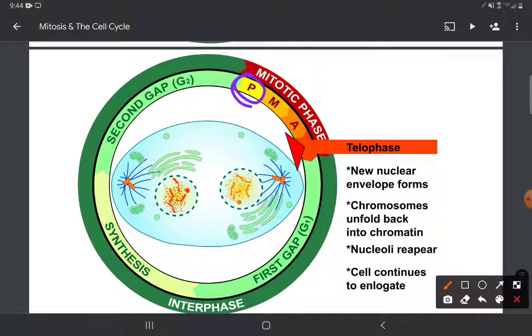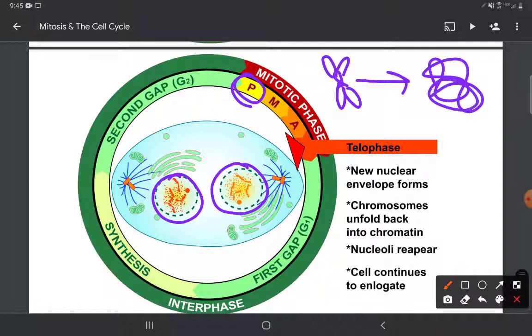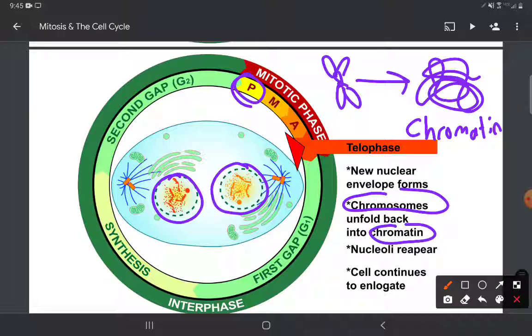We will reform the nucleus, and we will allow chromosomes to become relaxed chromatin. Chromosomes become chromatin.